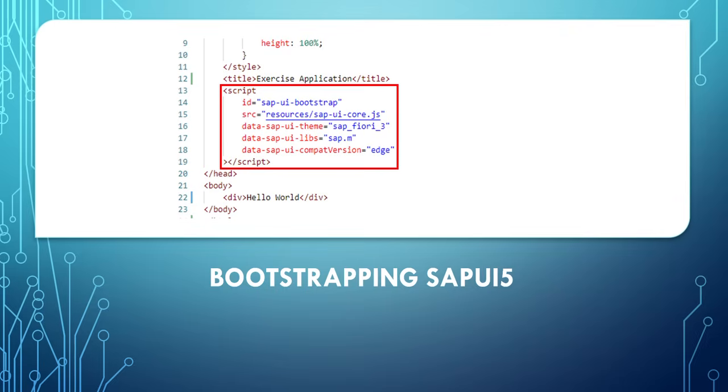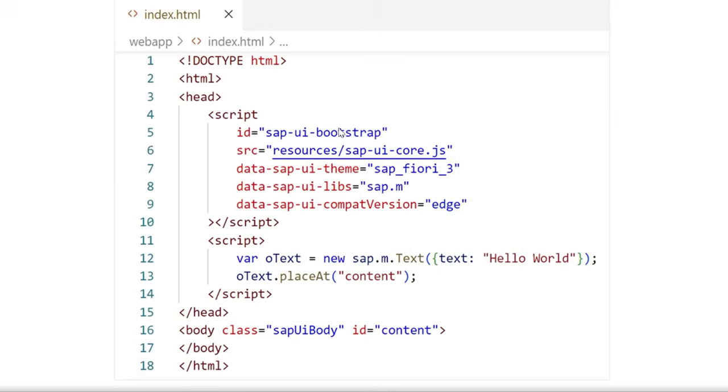How it works, I will show you. In my previous video, I just showed the Hello World I maintained in the dev tech and ran. Now what I am doing is, in this example, a text UI element with the text Hello World is instantiated in the application script. The text control is taken from the sap.m library, which is previously loaded via the bootstrap script.